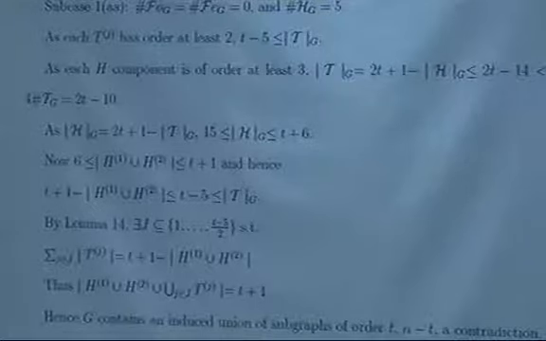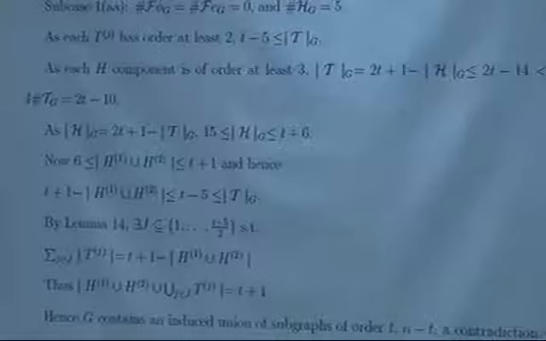In that case, there are only 3 components of even order, so the orders sum up to at least t minus 5, because we have half of those components.